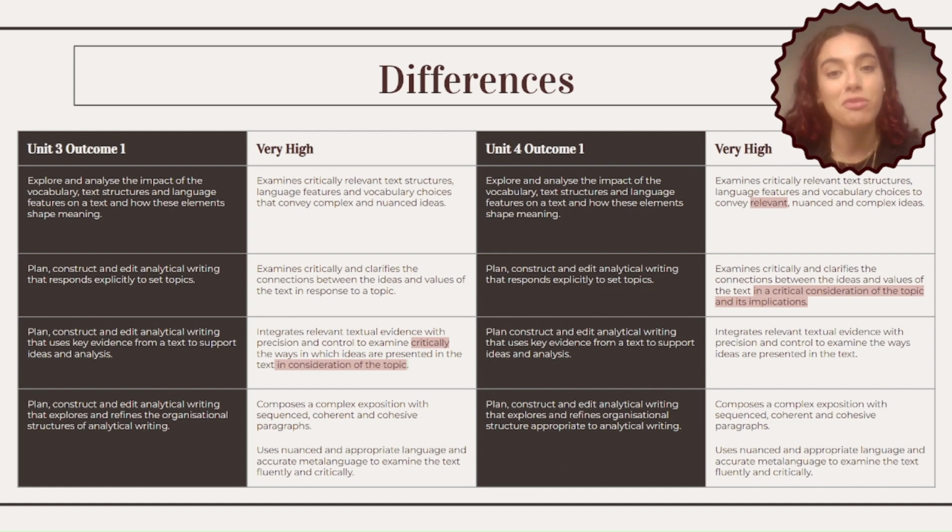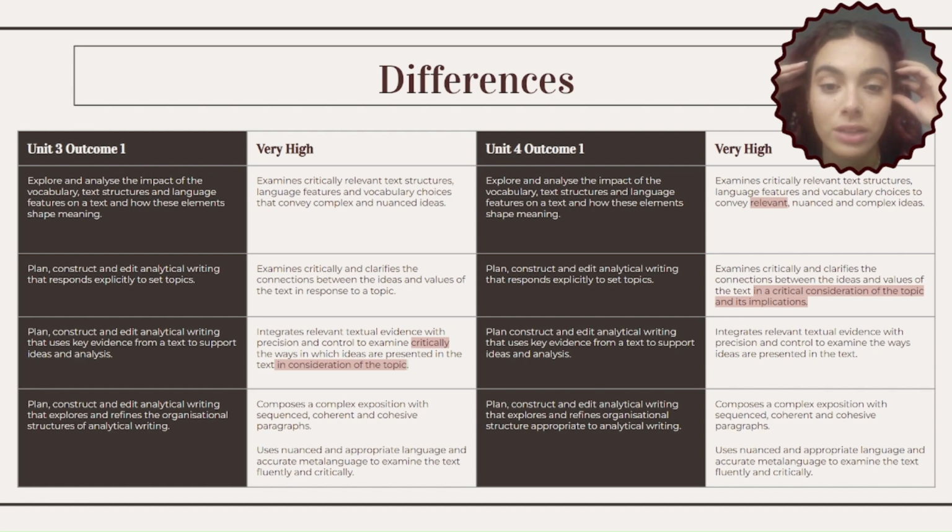Okay, this is further down the outcome descriptor and the very high of the equivalent outcome. So there are fewer differences in the rest of the section. We'll start from the top. In Unit 4 in the high section, you are starting to be a little bit more specific.